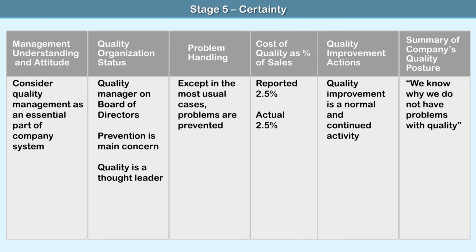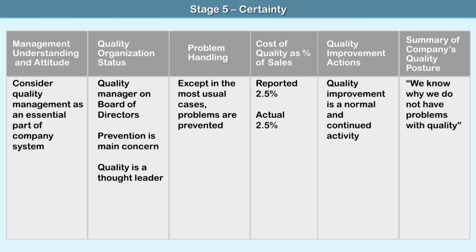Quality organization status: the quality manager is on the board of directors. Prevention is main concern. Quality is a thought leader. The problem handling at this stage is, except in the most unusual cases, problems are prevented.